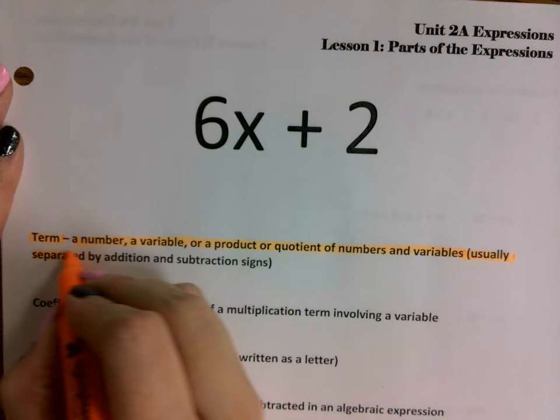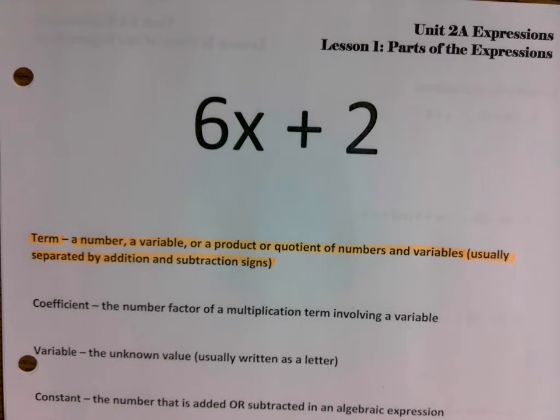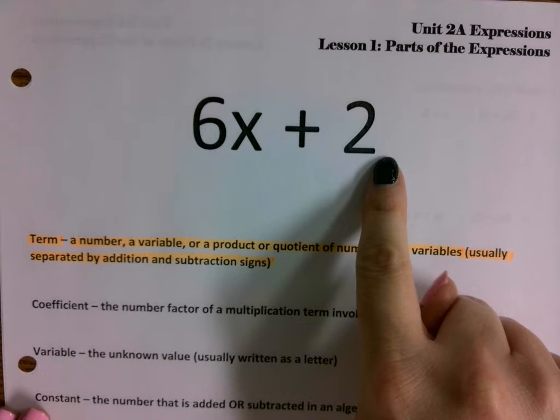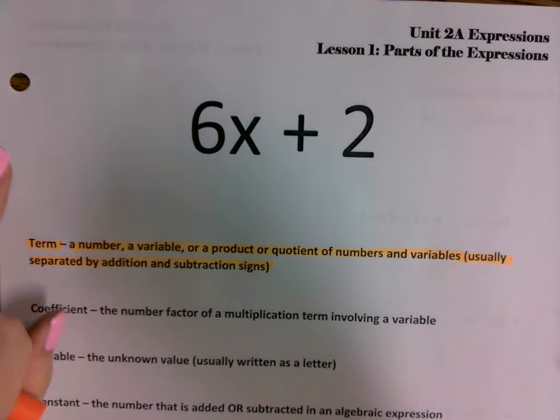So if you have more than one term, those 2 terms or 3 terms or 4 terms will be separated by plus or minus signs. So in this example here, the 6x plus 2, we have 2 terms. Our first term is the 6x.